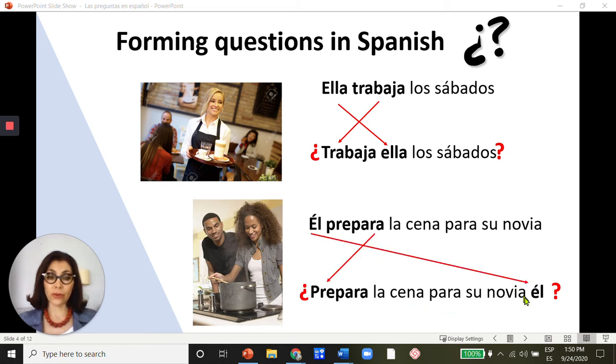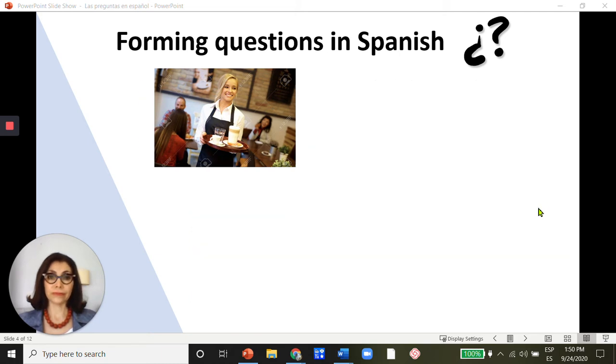But now we can see that we actually have two places for the subject, right? Él prepara la cena para su novia. Prepara la cena para su novia él. So the subject can go at the end. Muy bien. So that was case number 2.